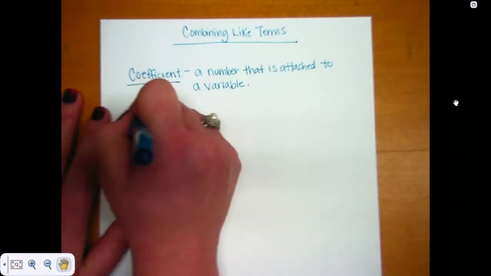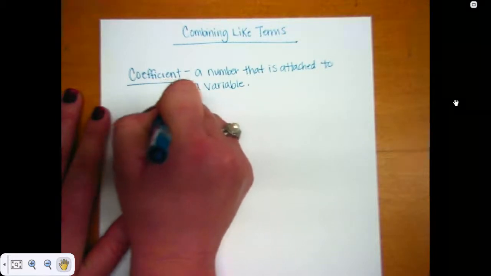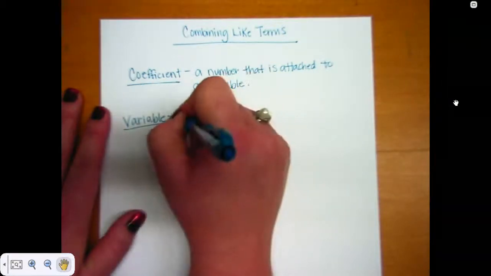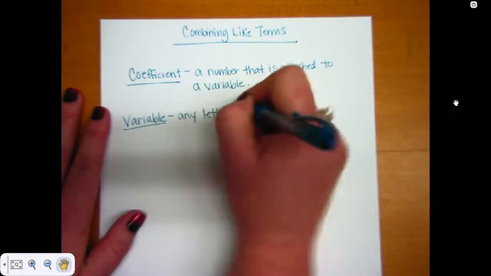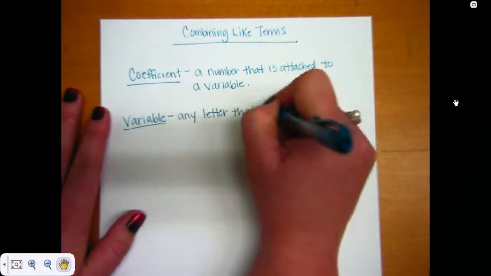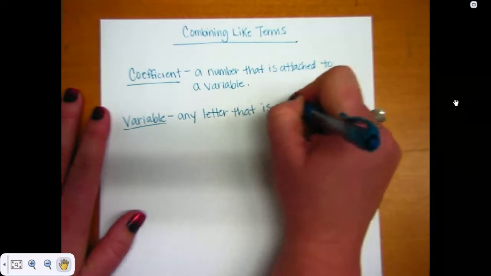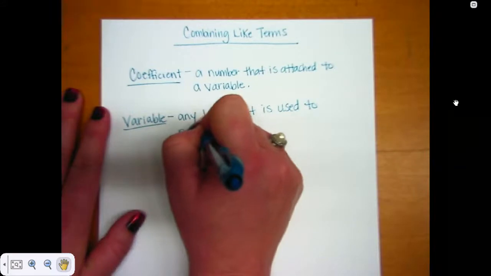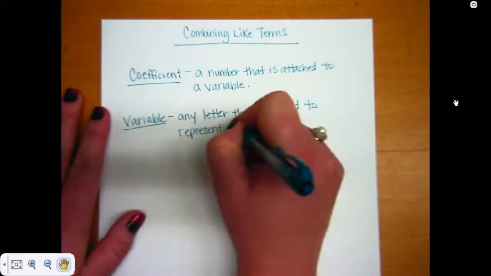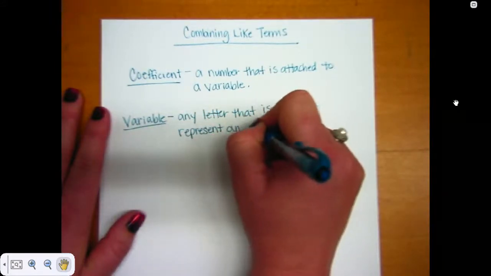A variable is any letter that is used to represent an unknown number.